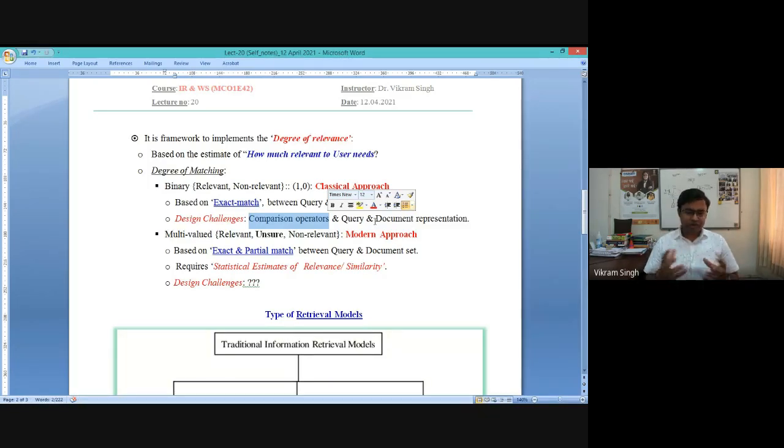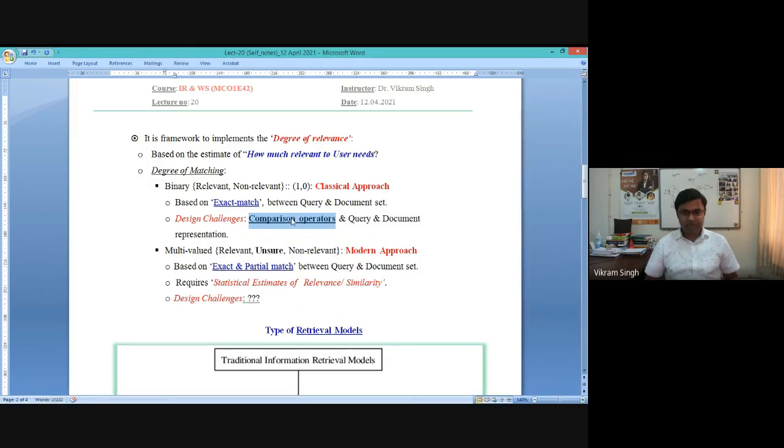So you must have heard about the advanced Boolean operators, advanced Boolean retrieval models. The change happens only in this part, in how they have achieved the modified operators. You can always propose a new operator to perform this Boolean matching, right? This operator aspect is one of the aspects where most people are working.